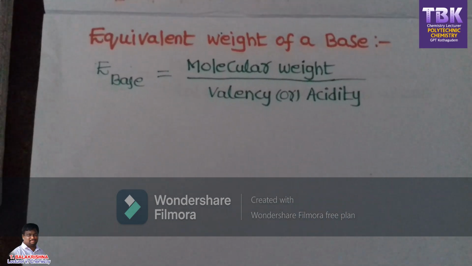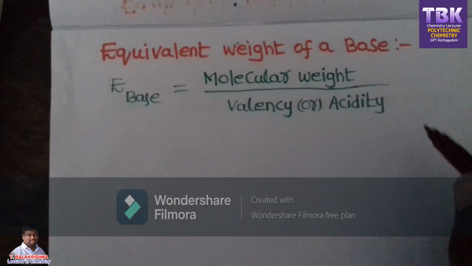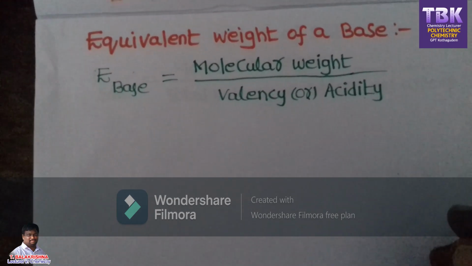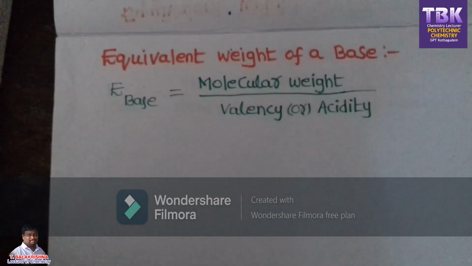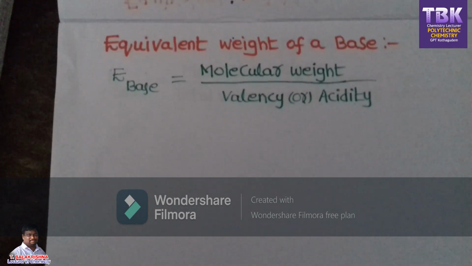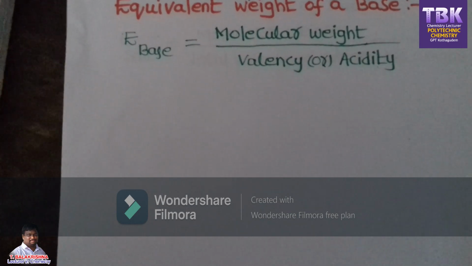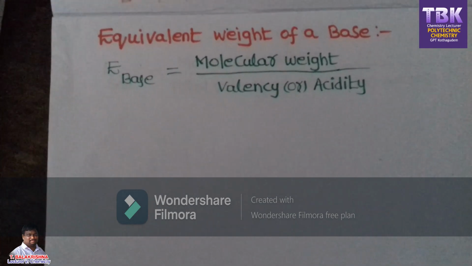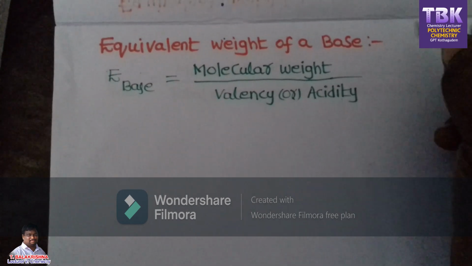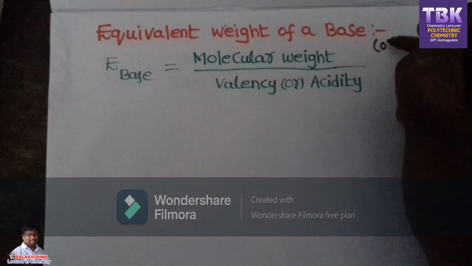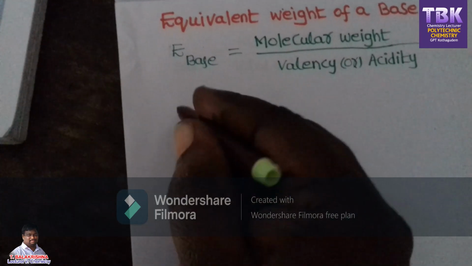Here, acidity means the number of replaceable hydroxide groups in the base. A base is something which produces OH minus ions. Is it clear?